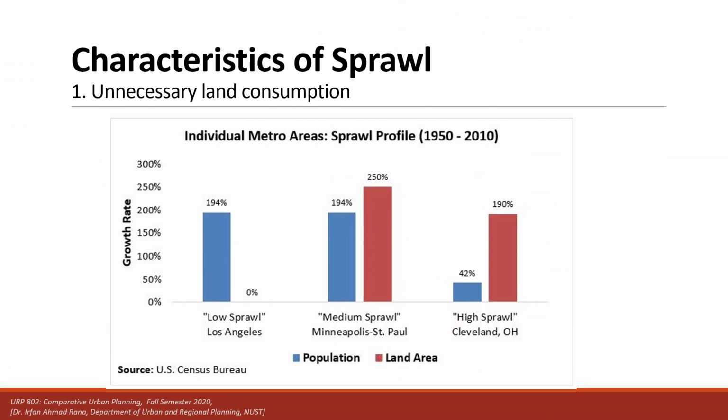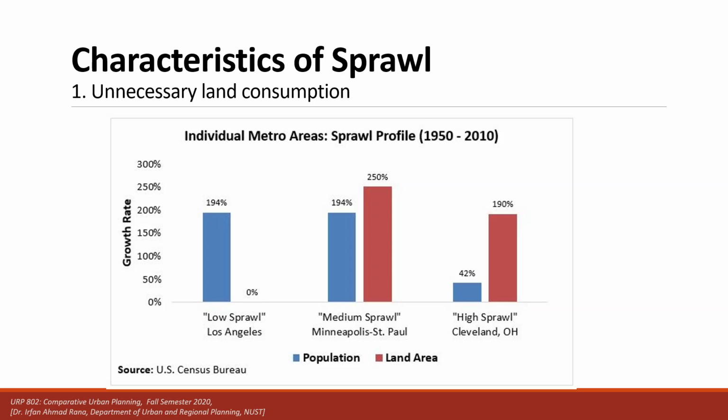For example, let's go back to this slide. We're talking about the level of sprawliness, like how much population has grown in recent years from one era to another, and how much built-up area has increased. Just by analyzing this, we can determine whether sprawl is happening or not.